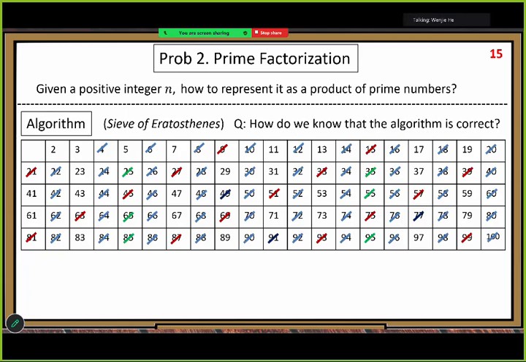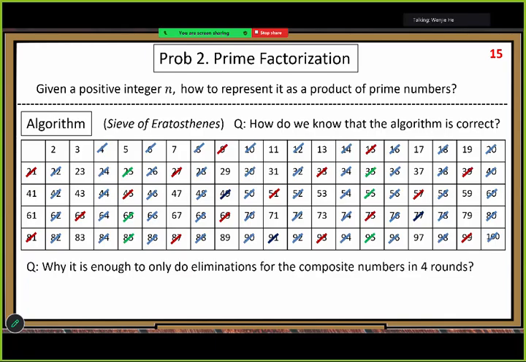Second, we should not eliminate any prime number. We don't want to eliminate any prime numbers. The first question: why is it enough to only do eliminations for composite numbers in 4 rounds?